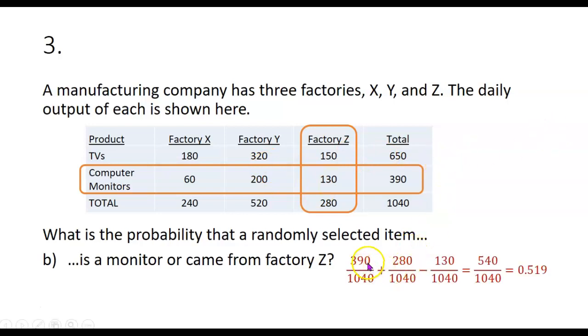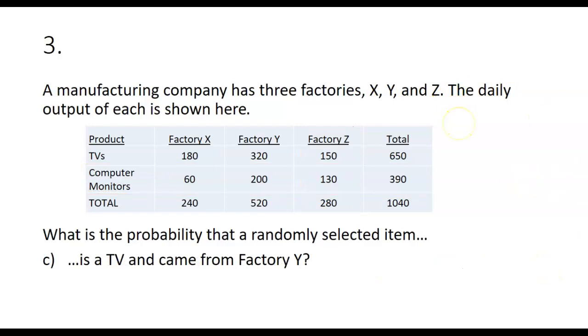So if we do it that way, it's 390 out of 1040 plus 280 out of 1040 minus 130 out of 1040, and that also does come out to be 540 out of 1,040, or 0.519.